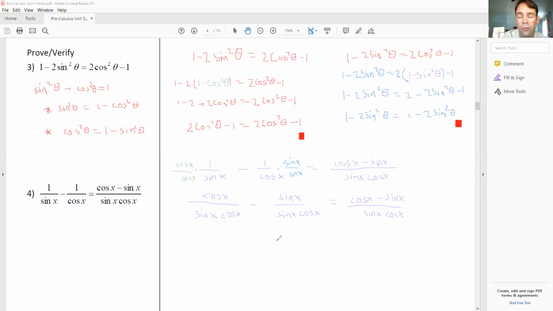So now that they're over the same denominator, I can combine them into one denominator. So cosine x minus sine x, all over sine x cosine x. So that left side became equivalent to the right side.